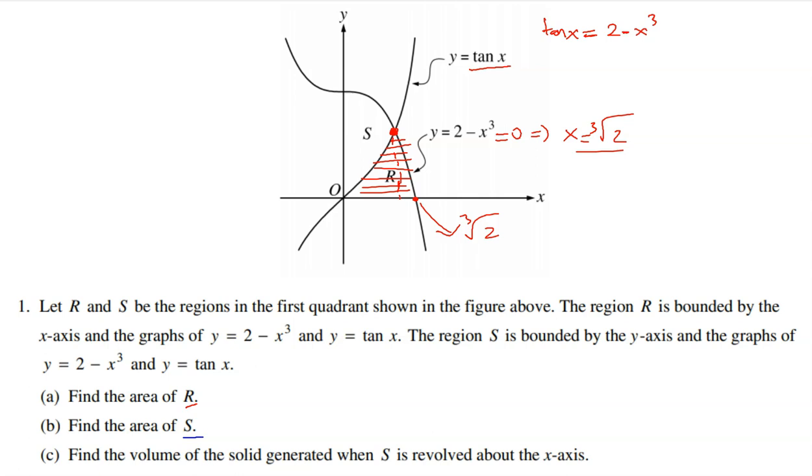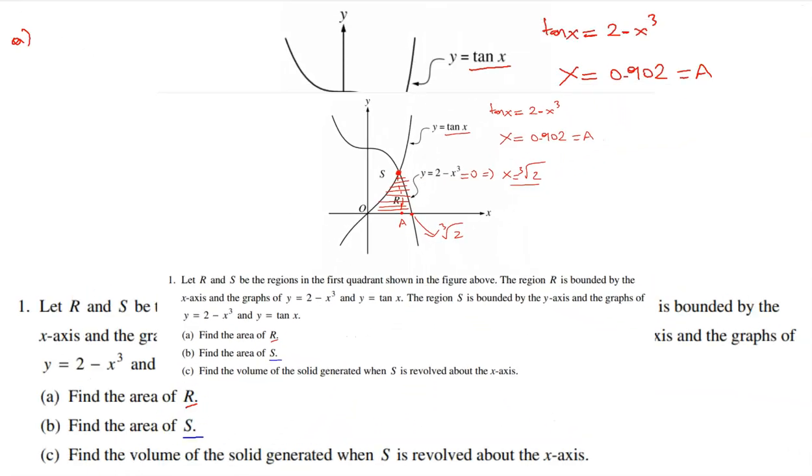When I set these two functions equal to each other and use our calculator skills, we end up with x equals 0.902. I'm going to call this x coordinate a. So now we can get started and find the area of R.